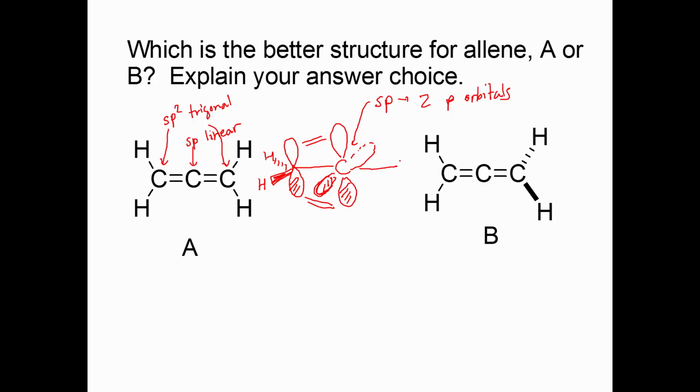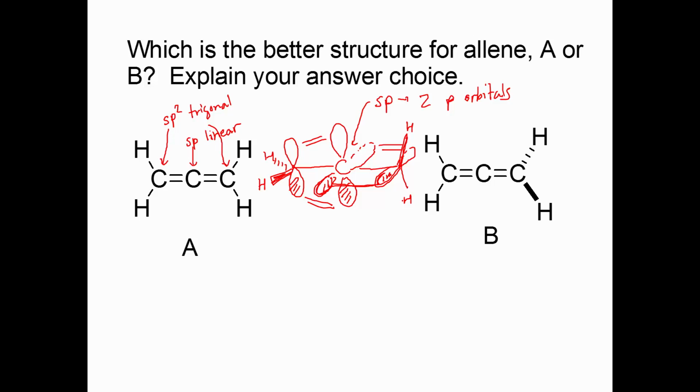All right, now on the right side, we have to also have it overlap the same way. Okay, so this is now the side-on p orbital. We'll call it, I guess, the pz orbital. So if it bonds that way, that means the hydrogens are bonded this way.